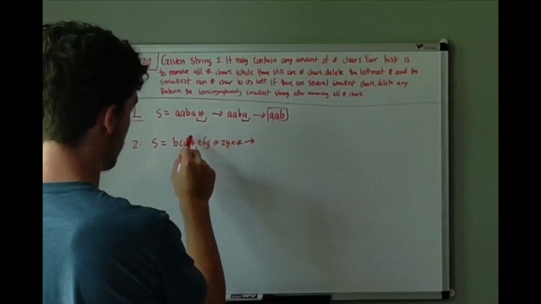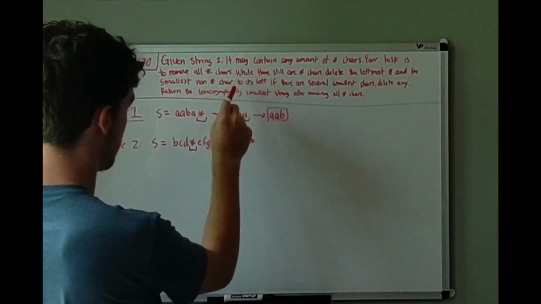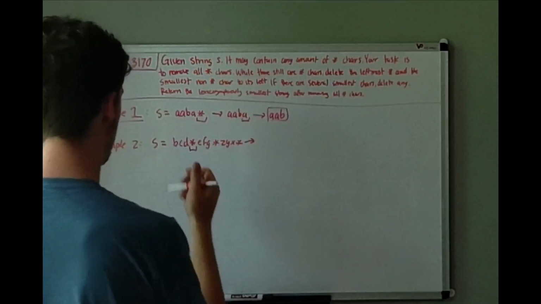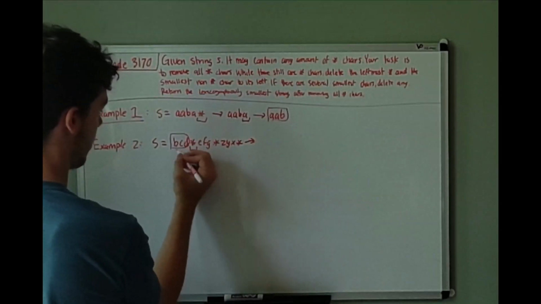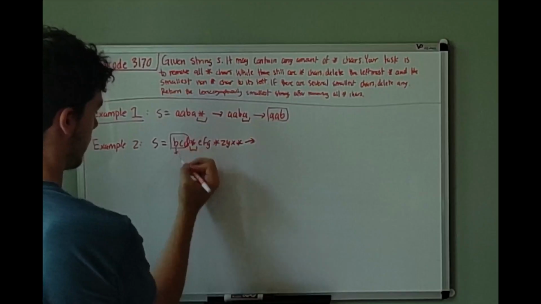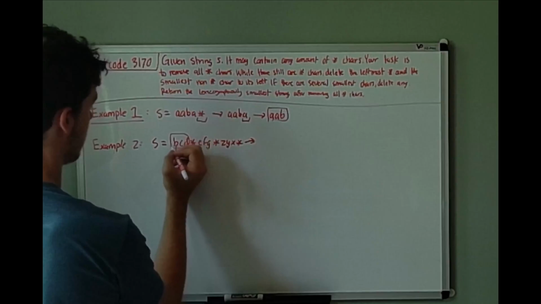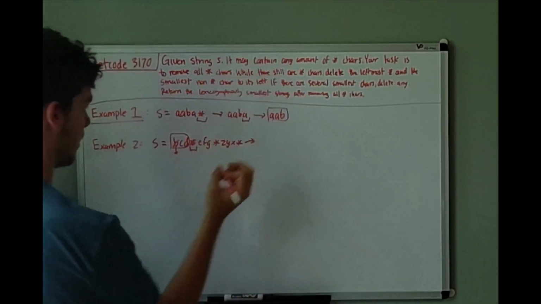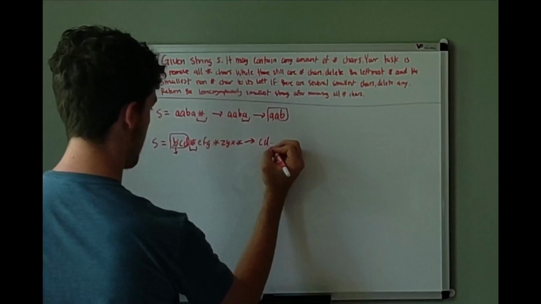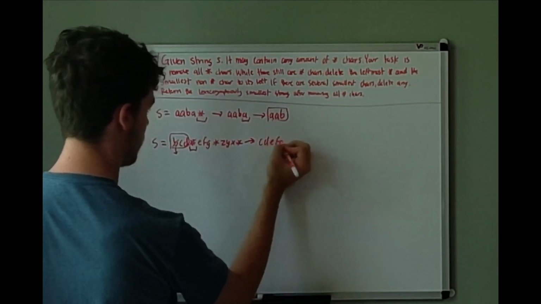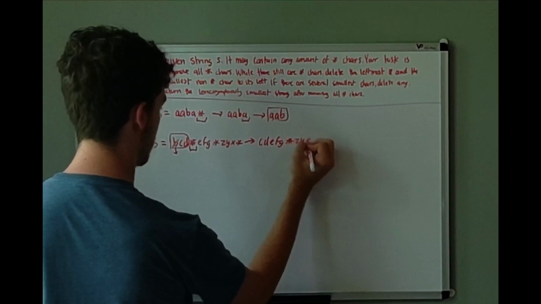B, C, D, star, we delete this star, and we delete the smallest non-star character to its left. So now we're looking at this, and we find the smallest character out of these is B, and then we delete this. So we delete this and this. So the resulting would be C, D, E, F, G, star, Z, Y, X, star.